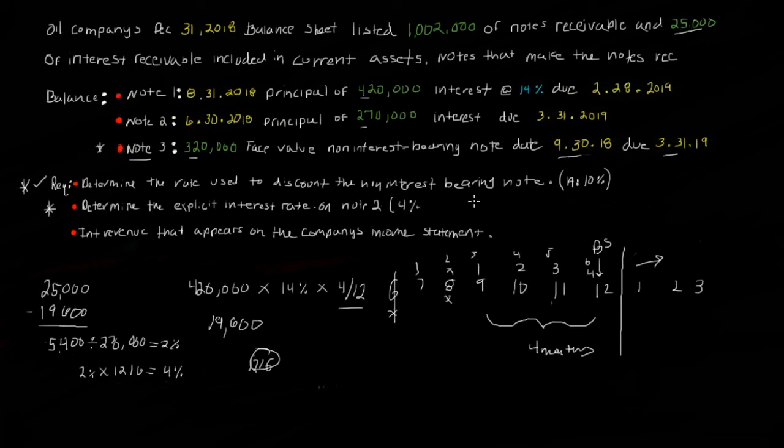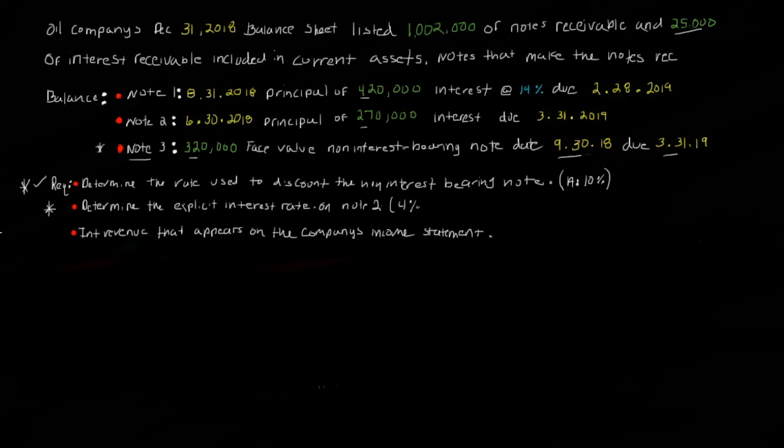Okay, guys, moving right along, we're going to go ahead and go down to required number 3. Required number 3 is super simple. I'm just going to get right into it.